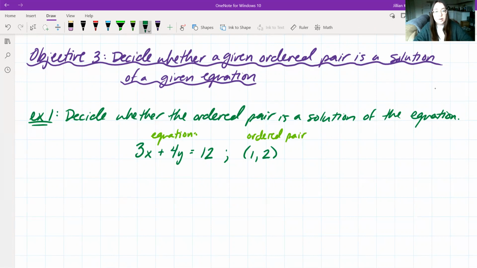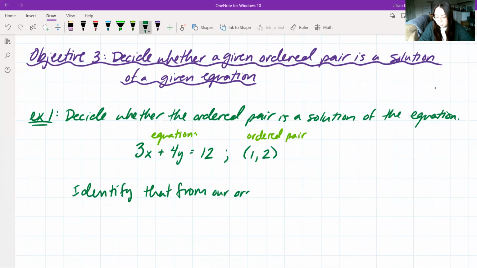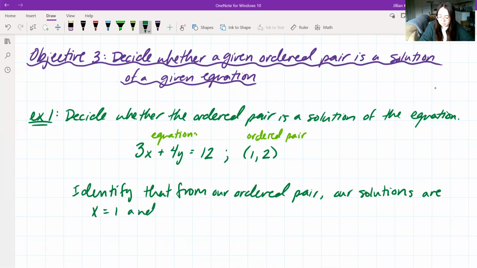So we write out our solution when beginning and solving the problem. We want to identify that from our ordered pair, our solutions are x equals 1 and y equals 2.